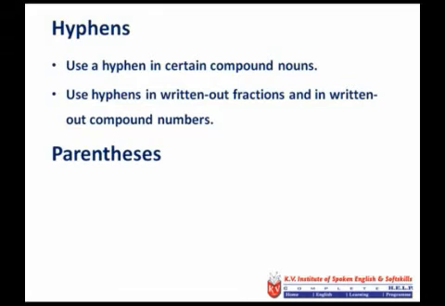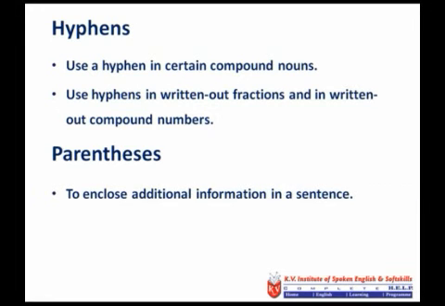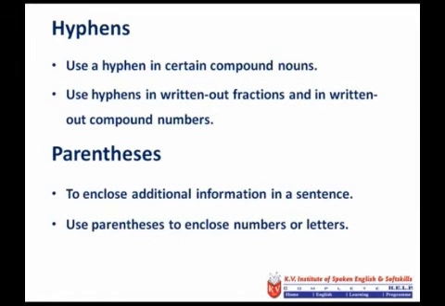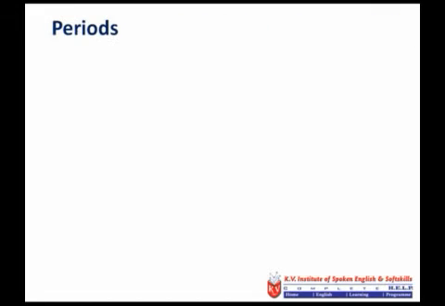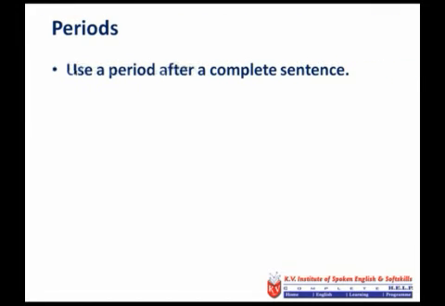Parenthesis. Use parenthesis to set off non-essential information because it gives the reader additional information that is not crucial. Parenthesis or brackets are used to enclose additional information in a sentence. It is also used to enclose numbers or letters. Periods. Use a period after a complete sentence. A period is a full stop.